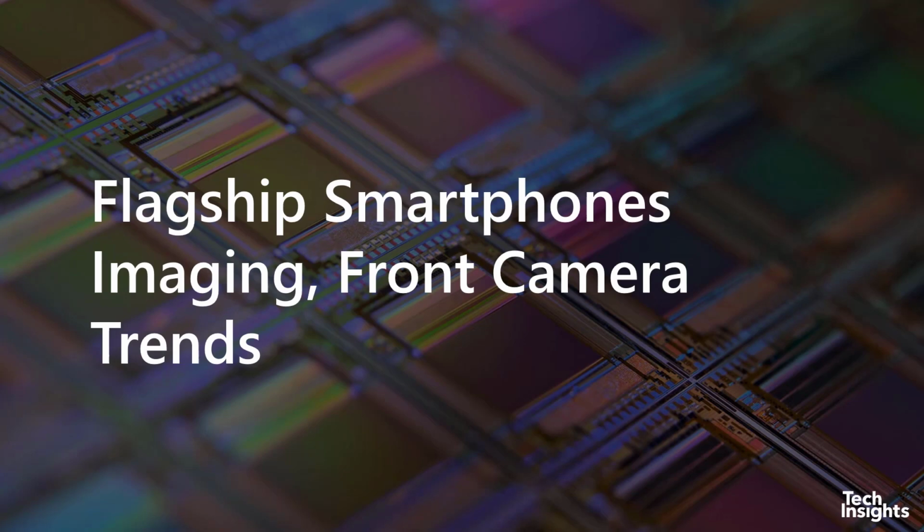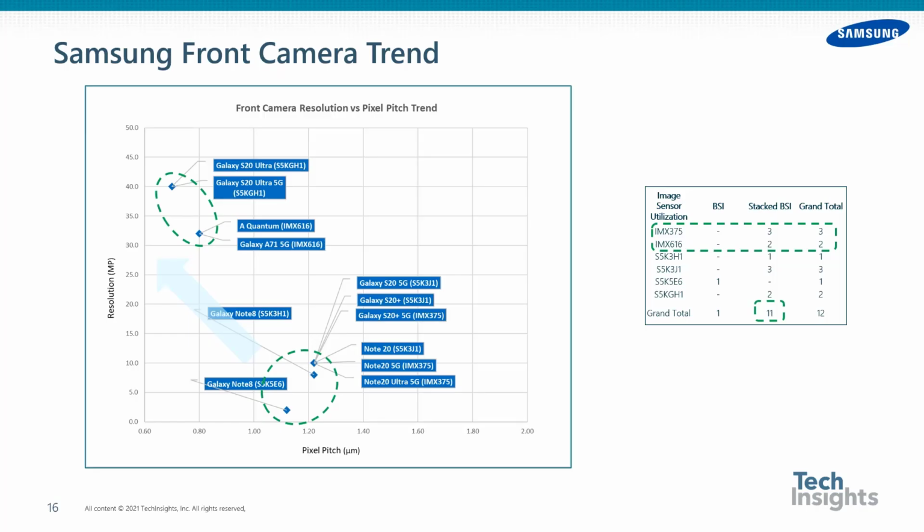And now we would like to present image sensor utilization in flagship smartphones, starting with front camera trends. This slide shows you Samsung's choice for front cameras, and specifically the sensors used. And we do note that if we look at resolution versus pixel pitch, Samsung has chosen for front cameras 2 zones of sensors.